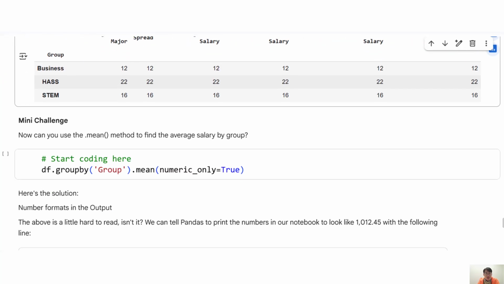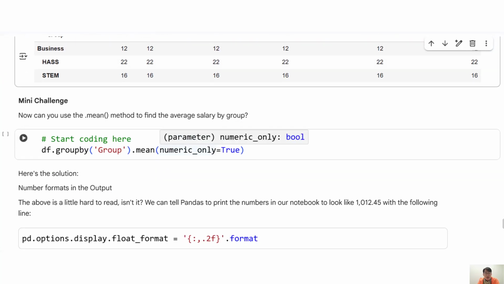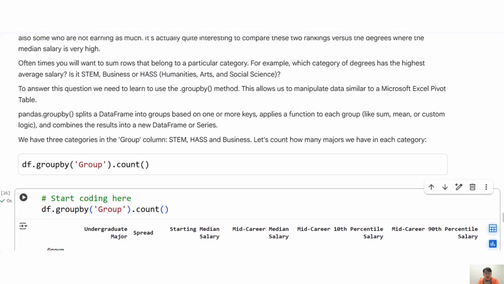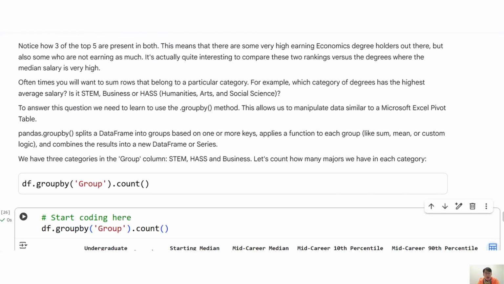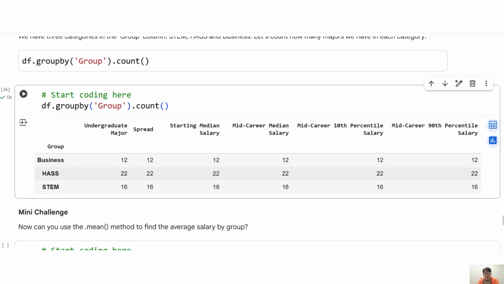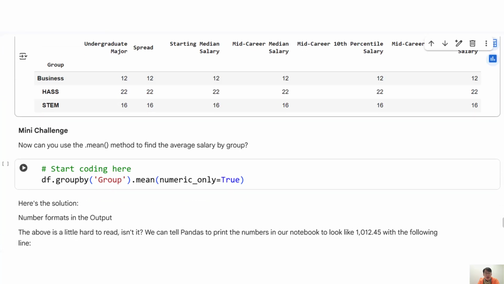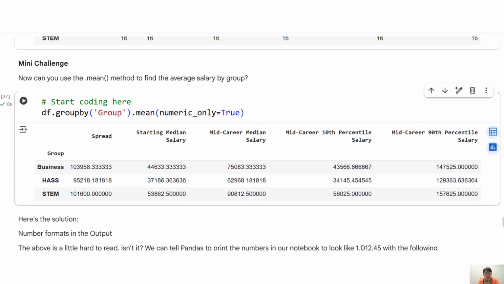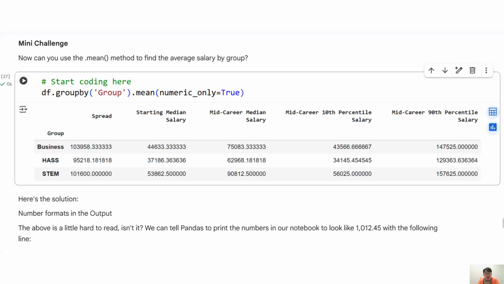Okay, so we can also check the mean. That means I want to take the average of the starting median salary or other numbers and see which school has the highest average income. If I say mean, you can see that HAS has the smallest spread, and for starting median salary, STEM is leading, with HAS lagging behind.